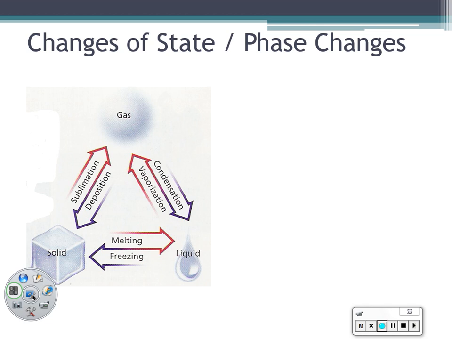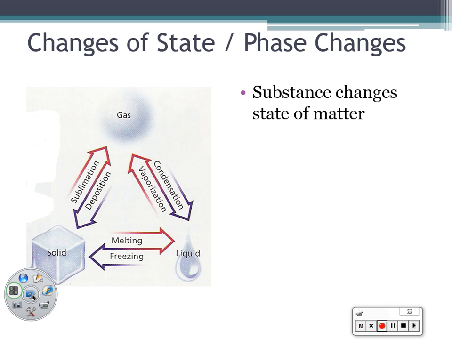In between the different states of matter, you'll see sort of a double-headed arrow, or two arrows next to each other, implying that this is a two-way street. We can turn a solid into a liquid, but we can also turn a liquid into a solid. Because phase changes are when something changes its state of matter. They are reversible physical changes.